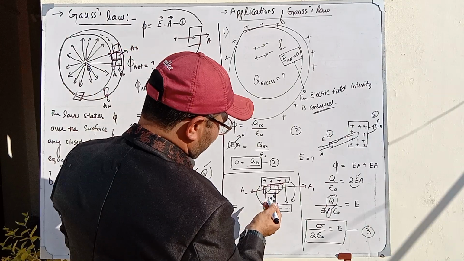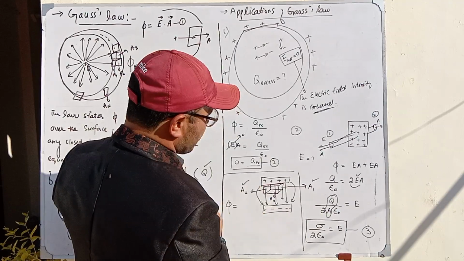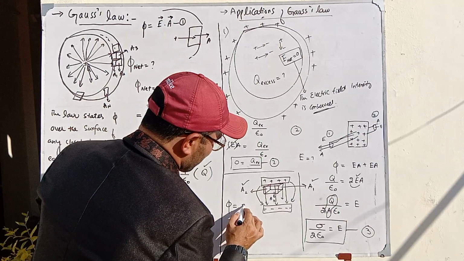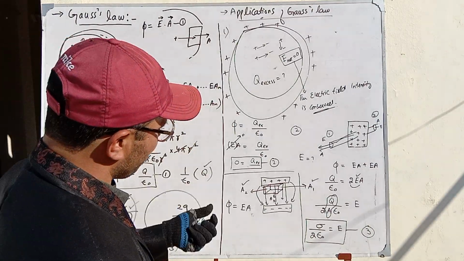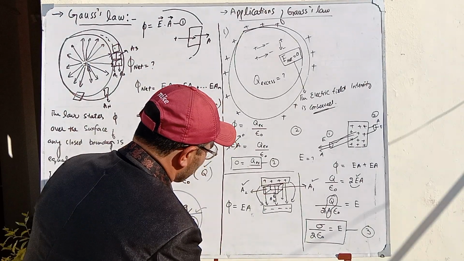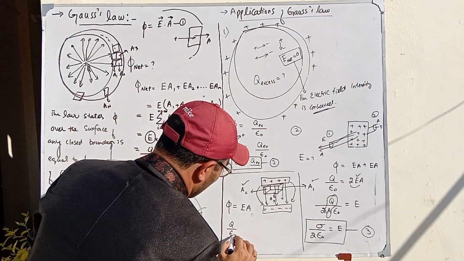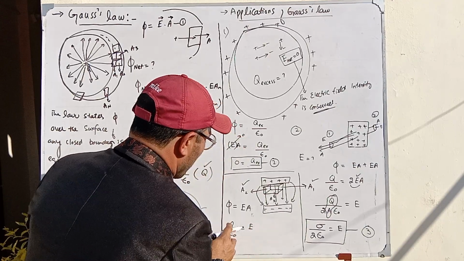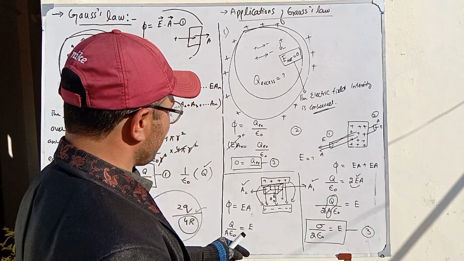The electric field lines are perpendicular to A1 and A2, and for A3 the flux is zero, so I erase it because here I have observed only a single parameter for area. The electric flux which I have calculated by Gauss's law is Q over epsilon naught, so EA equals Q over epsilon naught, and when A is divided to the left side, it will result in Q by A epsilon naught.